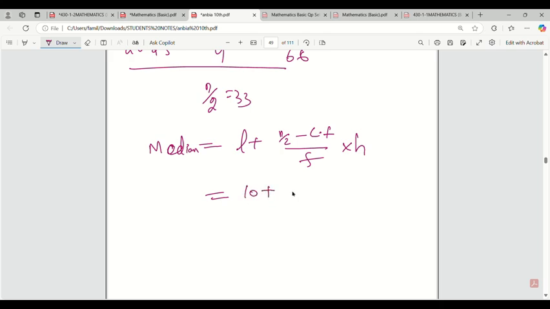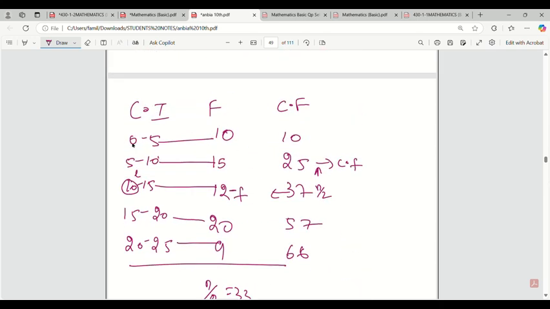Okay, let's take it out. 10 plus n by 2, 33, minus 25 is the CF, and F is 20, into height. What is height? The difference between these two. The distance between 0 to 5 and 5 to 10 should be the same.